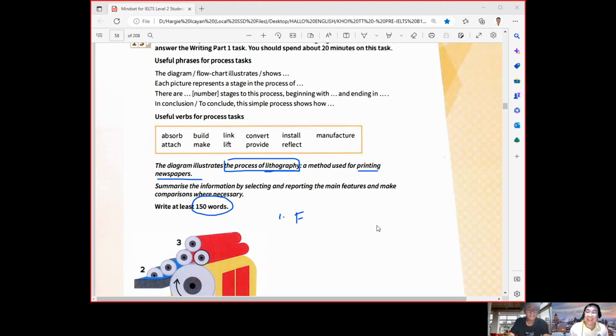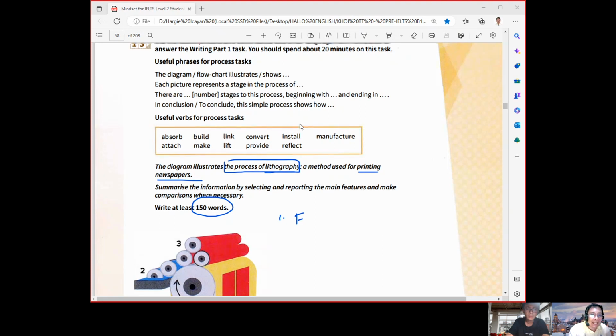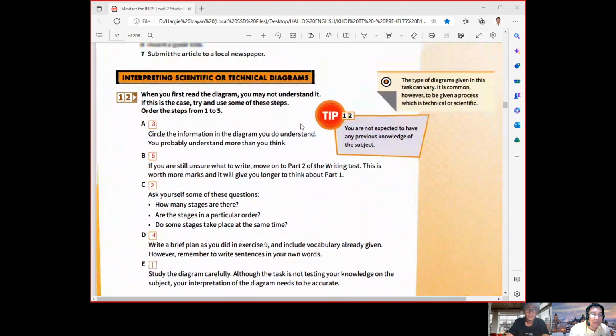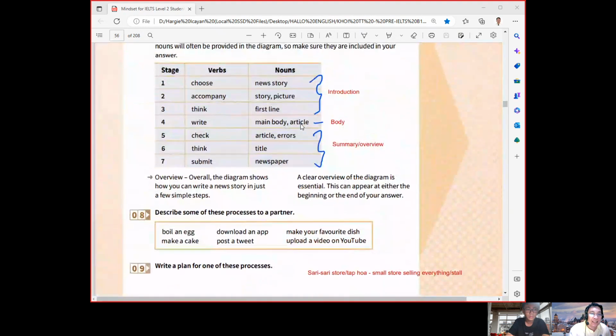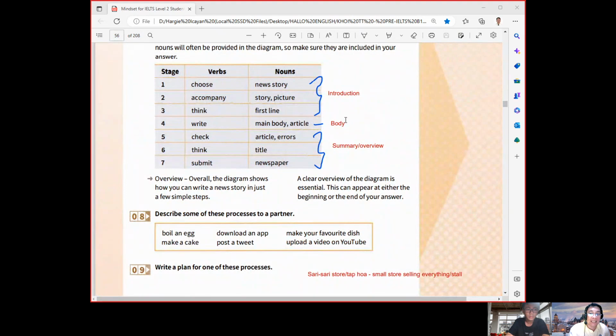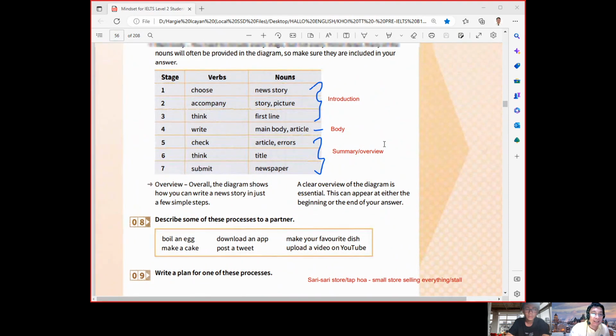There would be a process, right, in applying for an IELTS. So again, in writing, you have to use the skills that we had already studied.